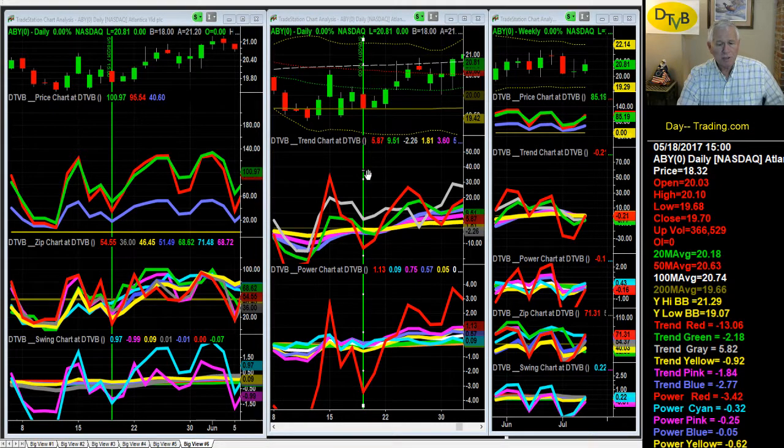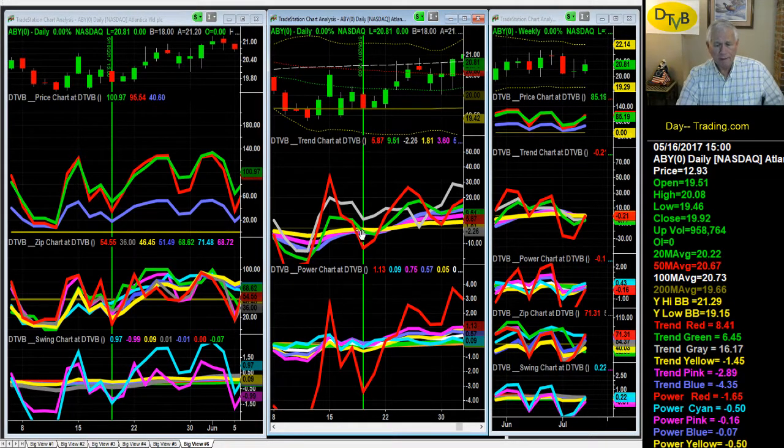In this example here, I have my favorite two divergent indicators, trend red and down here PowRed. And trend red is in a bottlenose down pattern, and PowRed is in a right leg W lower pattern.